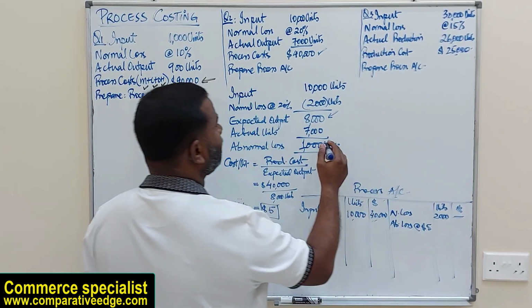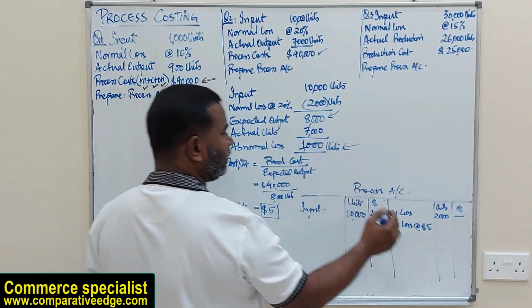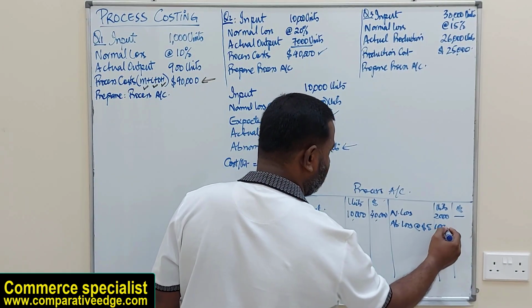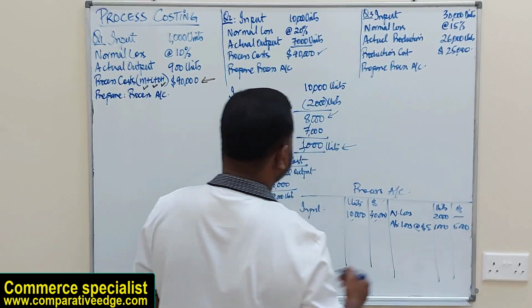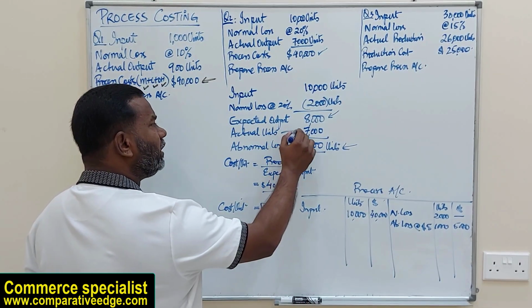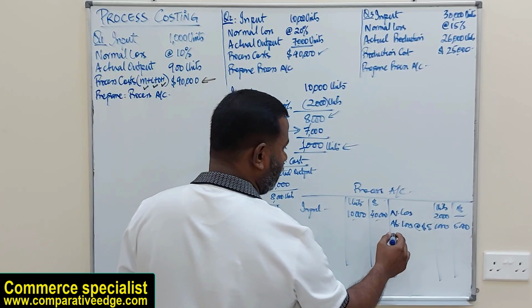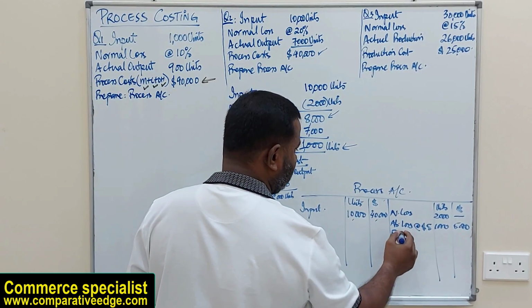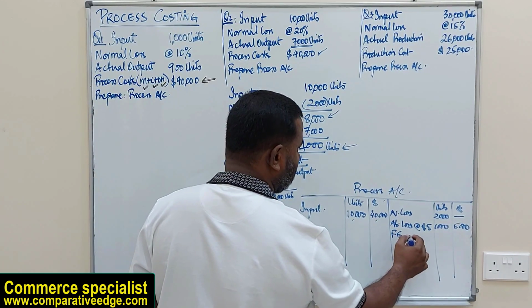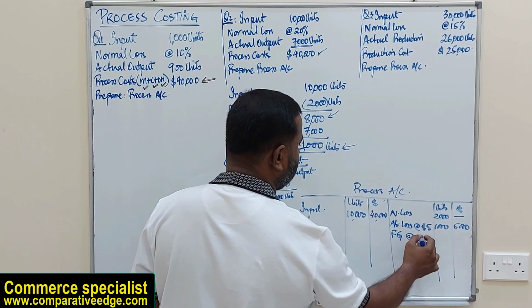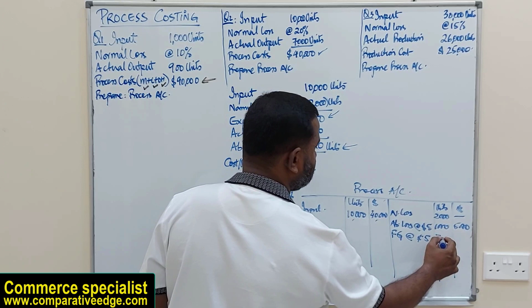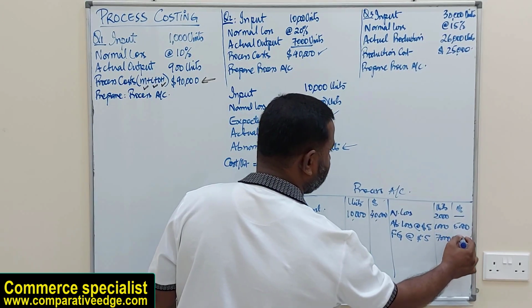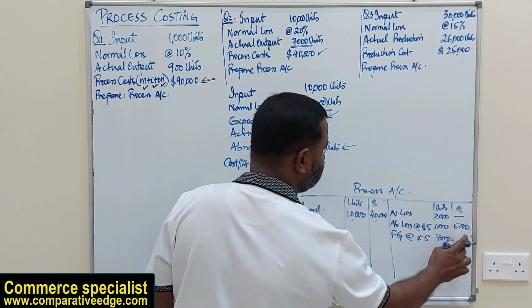So abnormal loss figure is 1,000 units. So 1,000 units were abnormally lost, and the value of this is 5,000. Your actual output is 7,000 units, which you can call finished goods. These are also valued at $5. So 7,000 into 5 is 35,000.